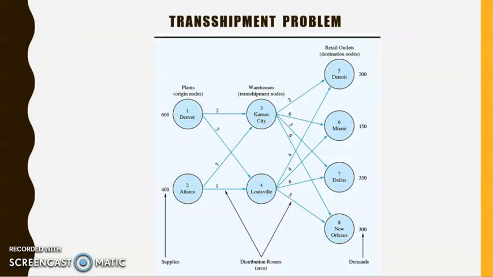Okay, the transshipment problem is what you are seeing in front of you now. On the left, you see Denver and Atlanta. They are plants, origin nodes, very similar to the case we discussed together last session.